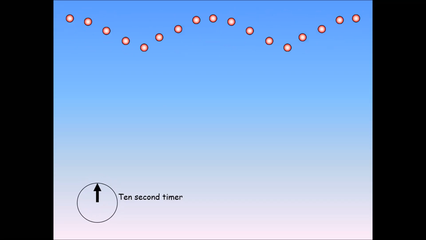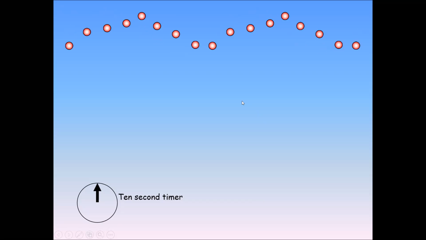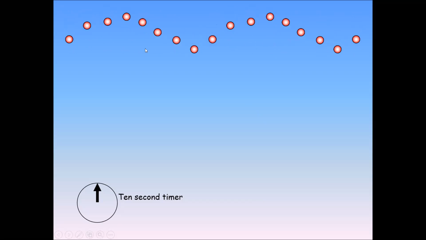How many times did you find it vibrating in 1 second? What was the number of vibrations? And this is transverse. You can see the particles are moving up and down.